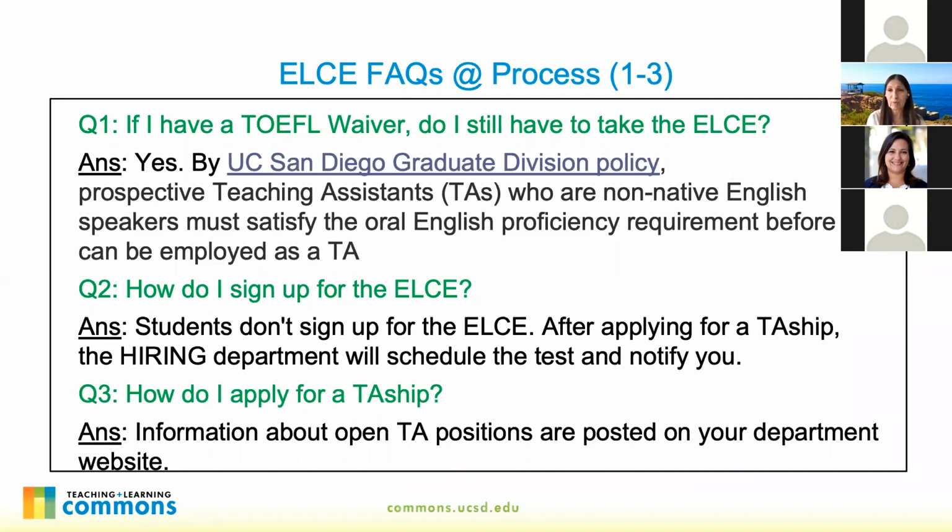The first step is to apply for a TA-ship, and then the hiring department will schedule the test for you and notify you. And the next natural question: how do I apply for a TA-ship? Information about open TA positions is posted on your department website. So policies start first not just with the campus-wide, but with your department policies. Next slide.